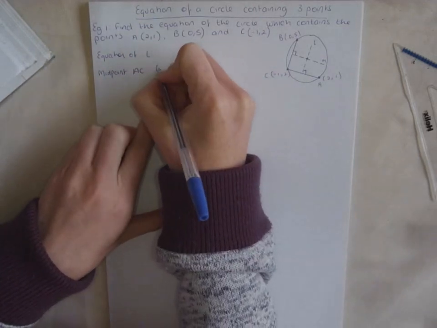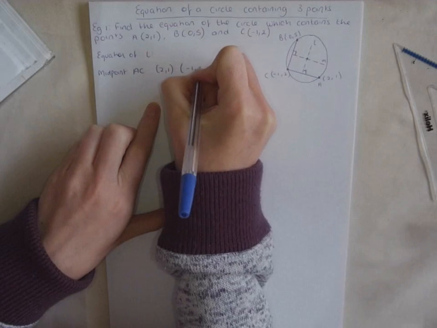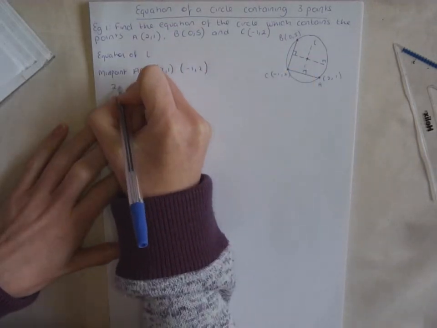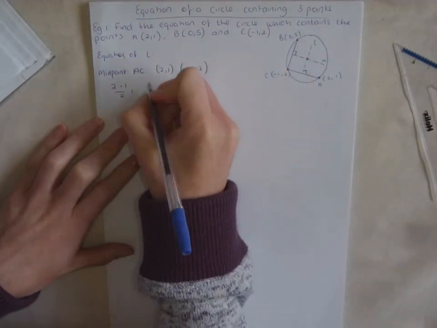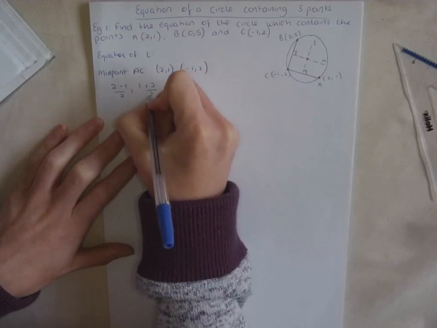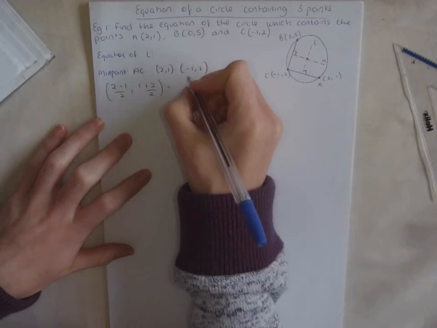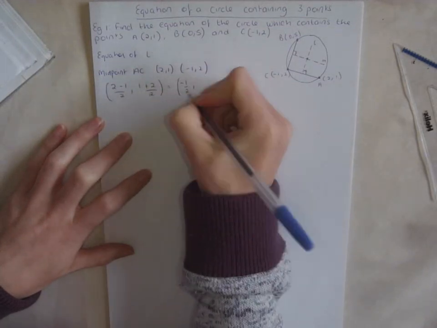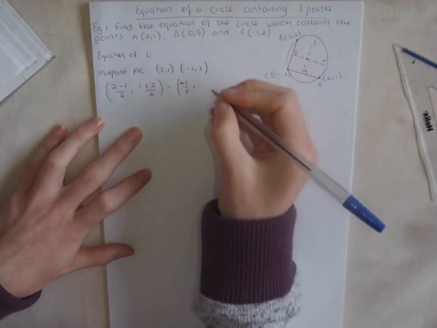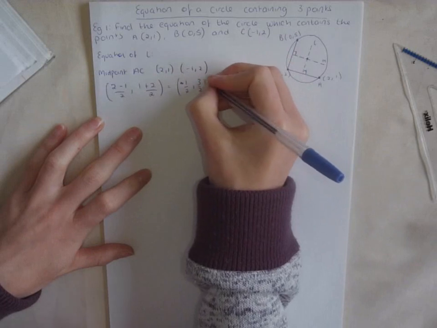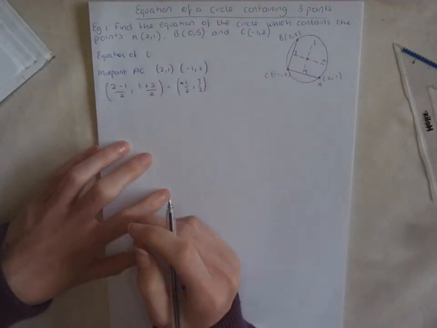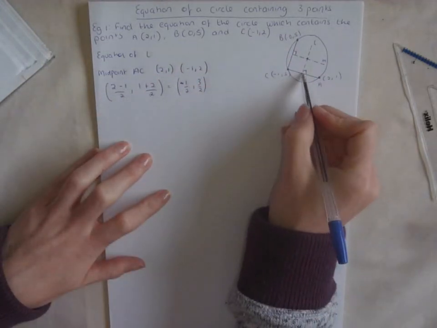A is 2, 1 and C is minus 1, 2, and my midpoint formula is x1 plus x2 over 2 and y1 plus y2 over 2. So that is 2 take 1 minus a half, a half and 3 over 2. Okay, and then that's this point here.